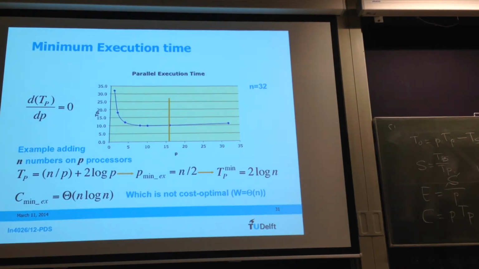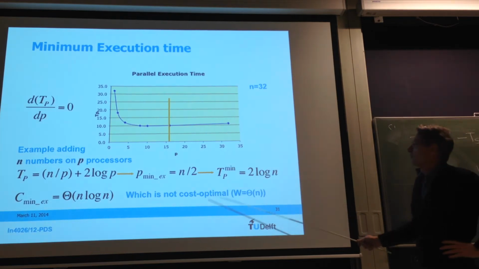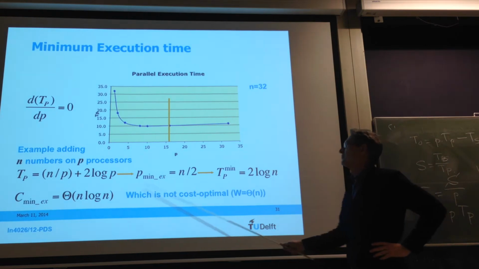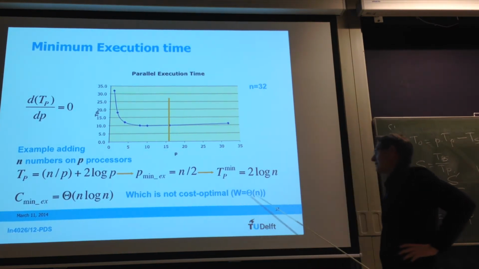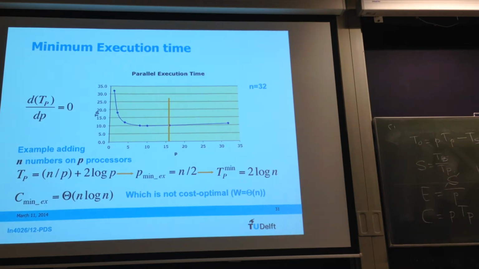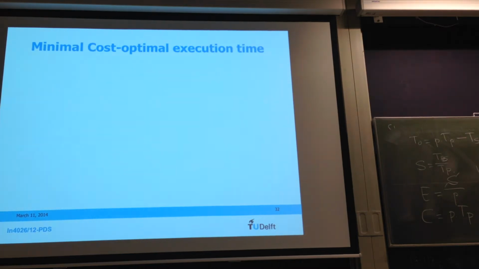Here you can also see that this execution time is not cost optimal, because the cost of this minimum execution time is n log n, and it should be order n. So it's not cost optimal. It's easy to show that. So: minimal cost optimal execution time.